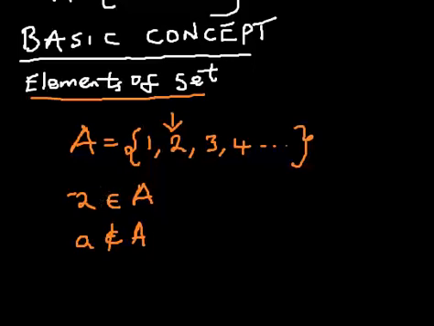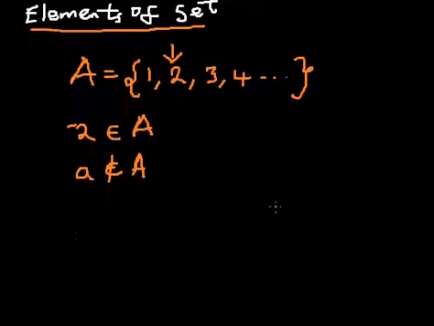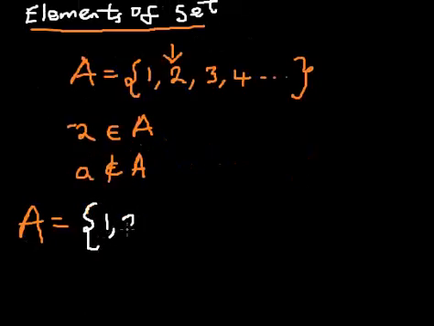Now for us to list the elements of a set, there are two ways. One of them is the way I've given you, where you list out the elements explicitly, possibly ending where you want to end, or you use dot dot dot to show that it continues in that sequence.